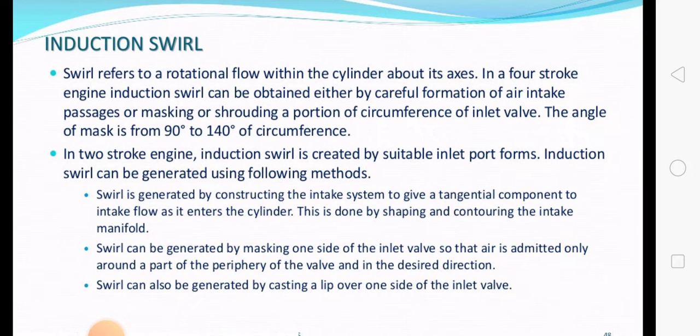Swirl can be generated using the following methods: by casting a lip over one side of the inlet wall, or by masking one side of the inlet wall so that air is admitted only around a part of the periphery of the wall in desired directions.